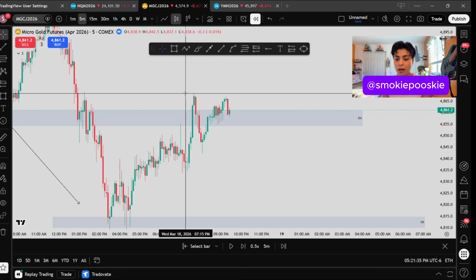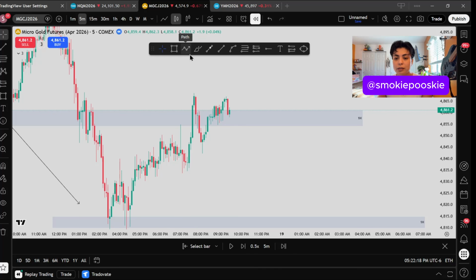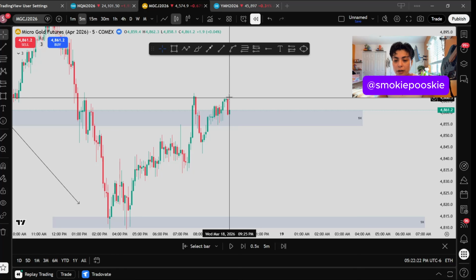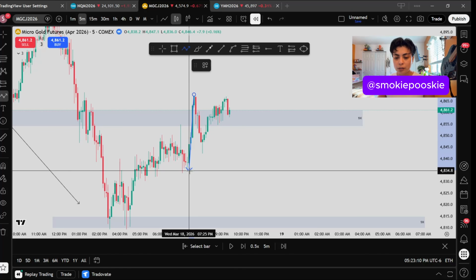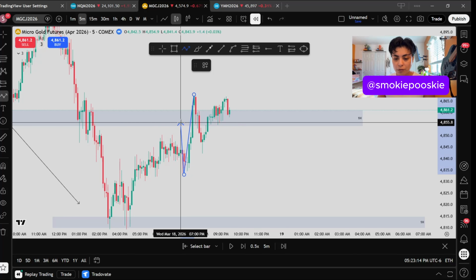This is exactly how I had my chart marked up when I found the entry on the 1 minute time frame. I had this highest point, and you know what? Let me show you guys how I also used the 4 for 4 method. This was my highest point, this was my lowest point, and then this was where that point came from.